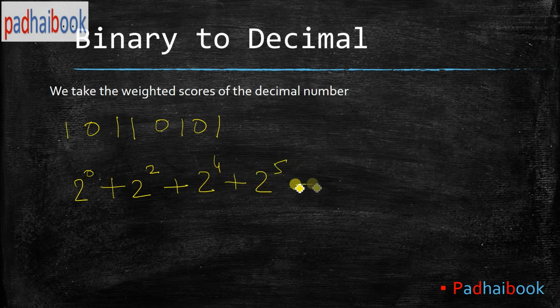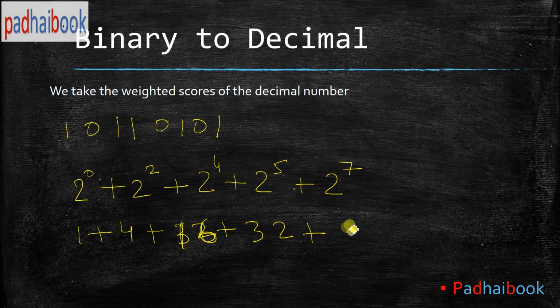Why I'm taking these is because the rest of the values are 0. So this is 16, 2 to the power 4, and that is 32, plus finally 128, 2 to the power 7.